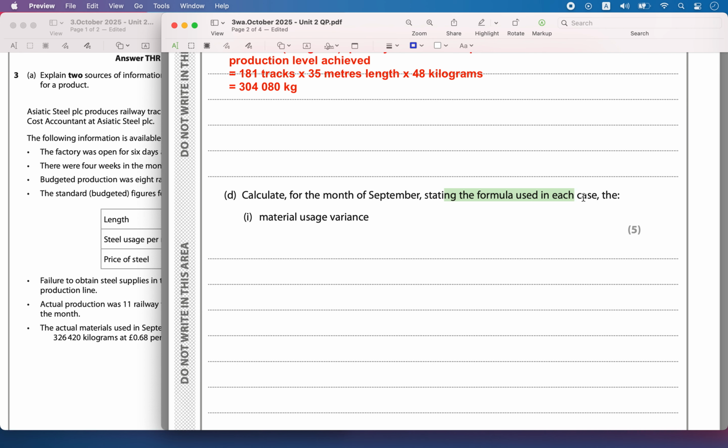Then calculate for the month of September, stating the formula in each case, the material usage variance. So what is the difference in the usage of material that has happened?